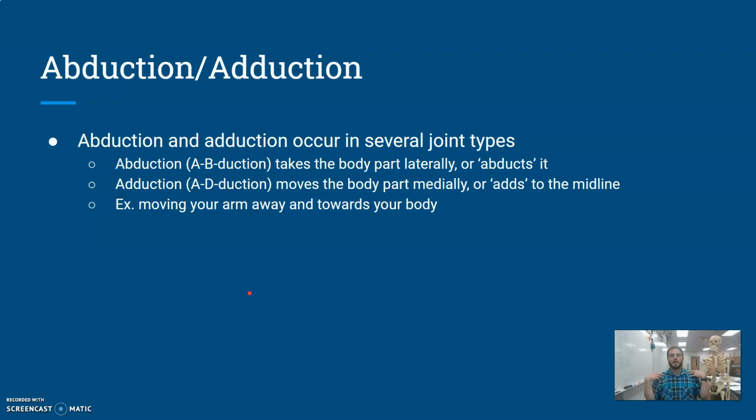So you think in your shoulders, if you were to abduct the shoulder or abduct the humerus, you're going to take it away from the midline. And then if I'm going to adduct the shoulder or adduct the humerus, I'm going to add it or move it towards the midline. So that is that pair.